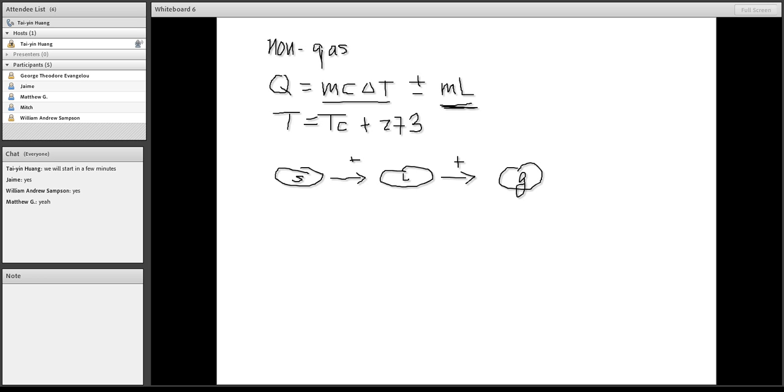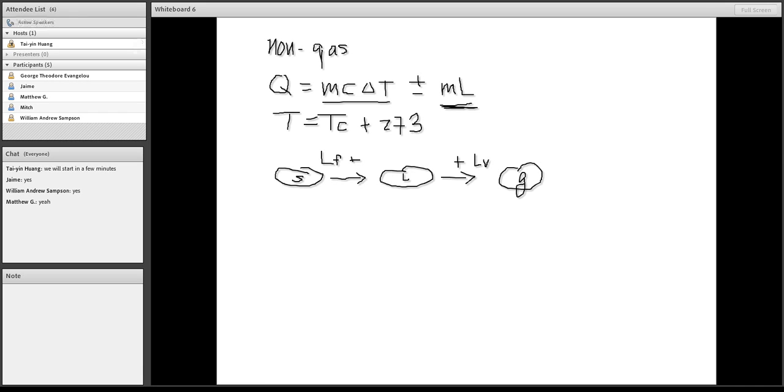During the process from solid to liquid there is a heat of fusion, and from liquid to gas there is a heat of vaporization, so it depends on which phase transition is taking place.